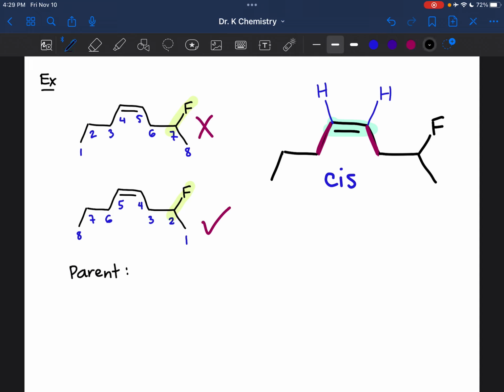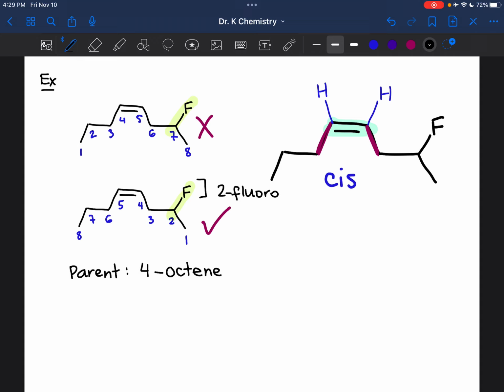Then we'll identify the parent name. There are 8 carbons in the longest continuous chain. So the prefix is oct. It's an alkene, so it gets the ending -ene. And the double bond starts on carbon 4, so it's 4-octene. Then I see that the substituent is a fluoro on carbon 2, so I'll call that 2-fluoro.